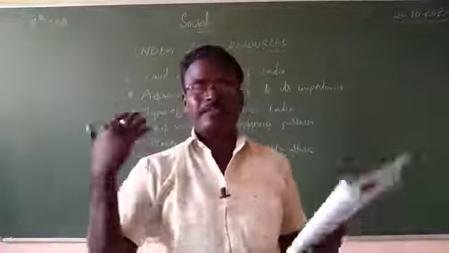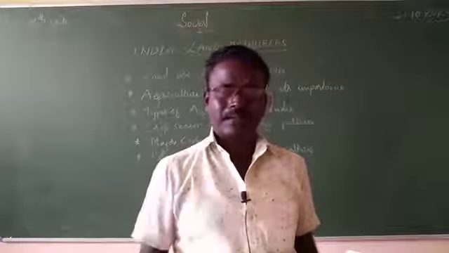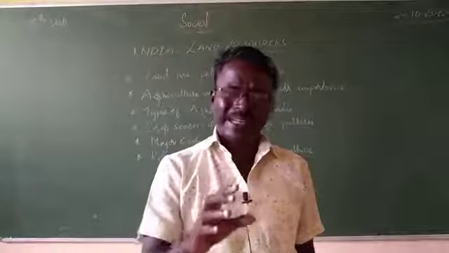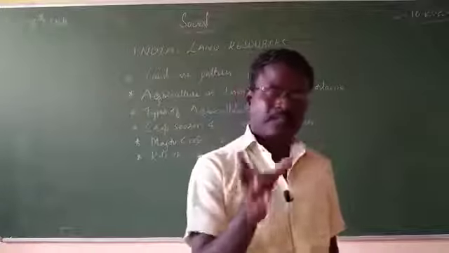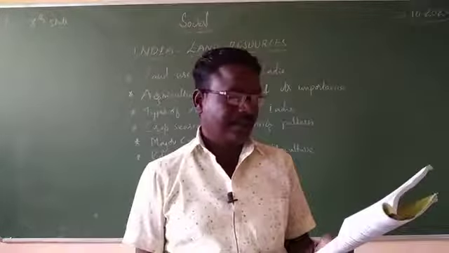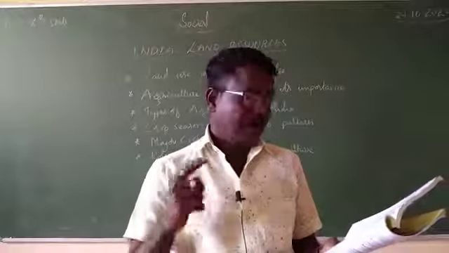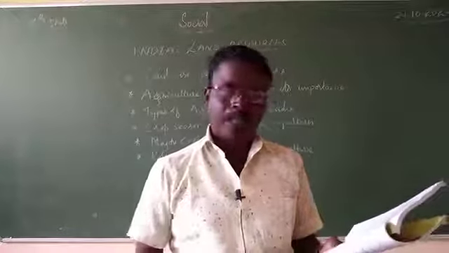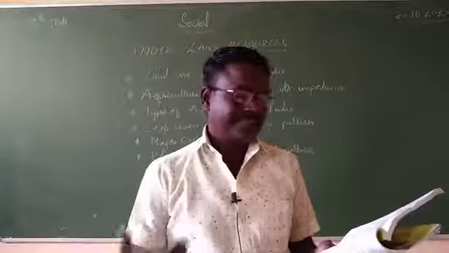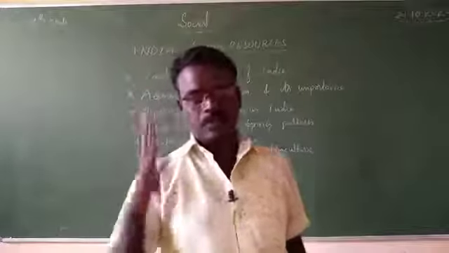So next is classification. How are we going to classify the land use pattern in our country? For several purposes we are going to make use of this land. So here we have categorized land use into mainly 7 categories: net sown area, forest area, land not available for cultivation, fallow land, cultivable waste, permanent pasture and other grazing land, and finally land under miscellaneous uses.